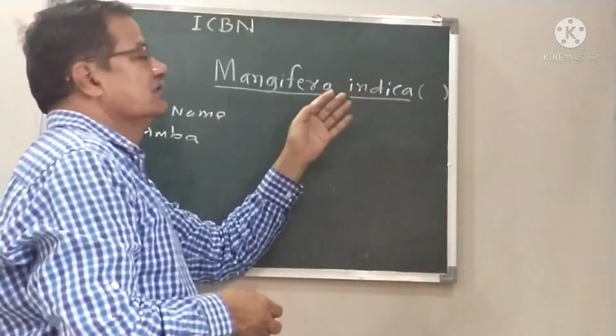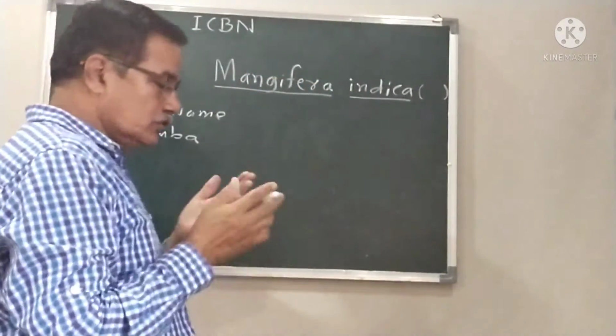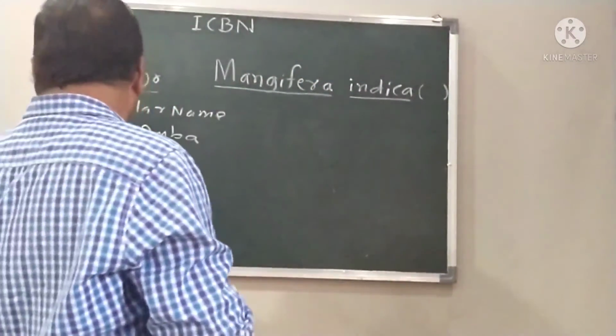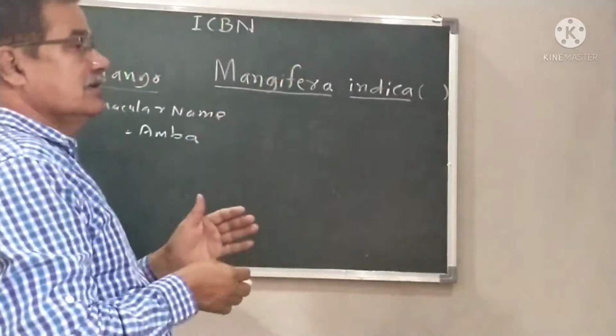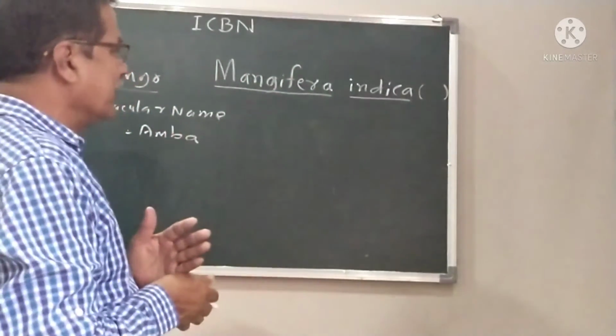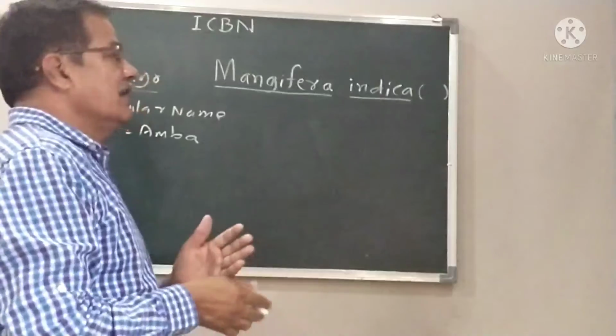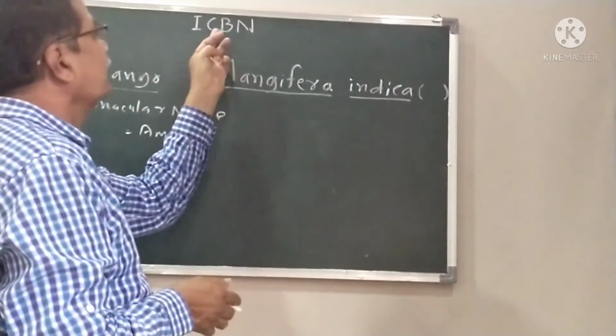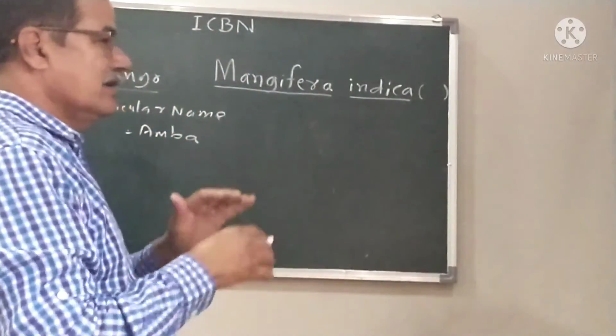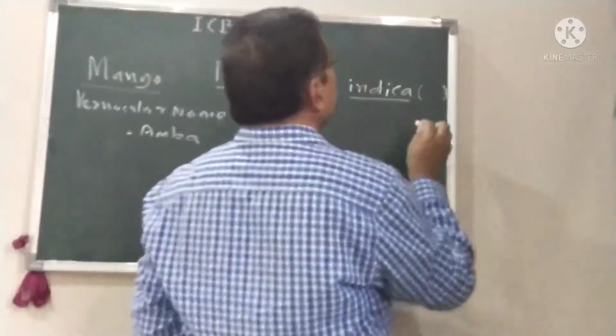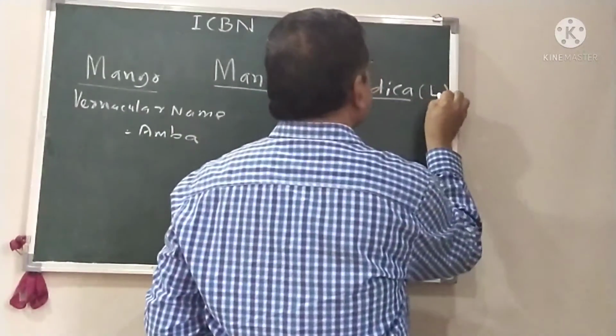The first species, first genus, which are found on the earth's surface, he has described the characters, and he has given the botanical nomenclature, and he has classified according to the rules and regulations of the International Code of Botanical Nomenclature. In brackets, its authority is given.